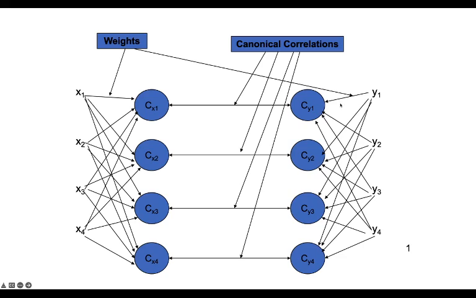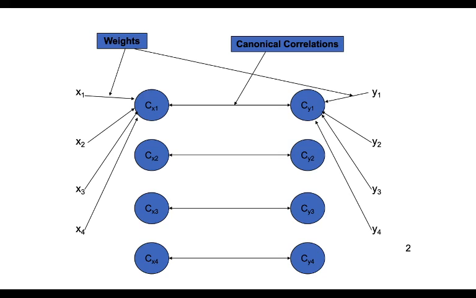So in a regression, you just have one outcome variable, and it's related to all of the x's. We look at what the weights are that get put in to make up the one y.